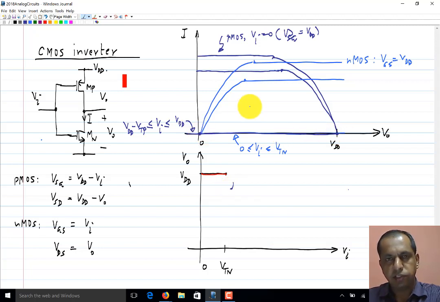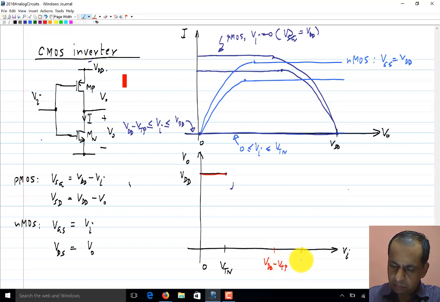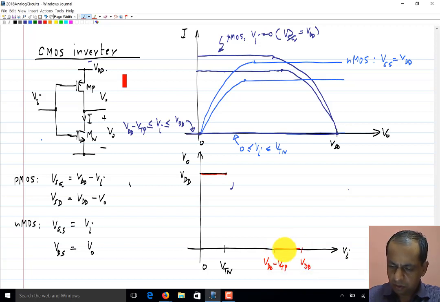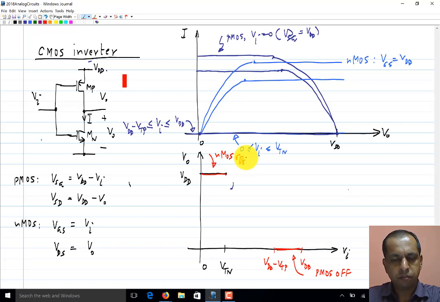So the point of intersection is here, so the output voltage will be 0. It will be like this. So in this part the PMOS is off, and in this part the NMOS is off.